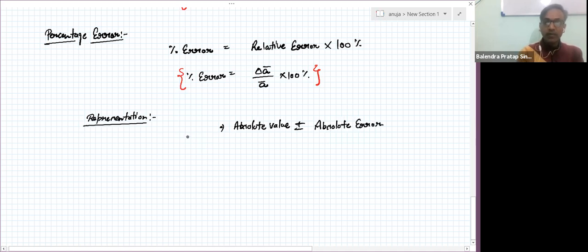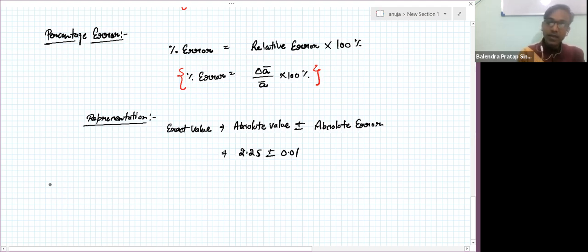This is the way you represent your exact value. Suppose you get a value like 2.25 and it has an error of plus 0.01 and minus 0.01. So you will write it with plus or minus 0.01. This is the representation.